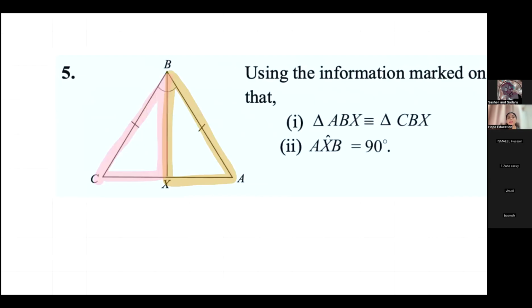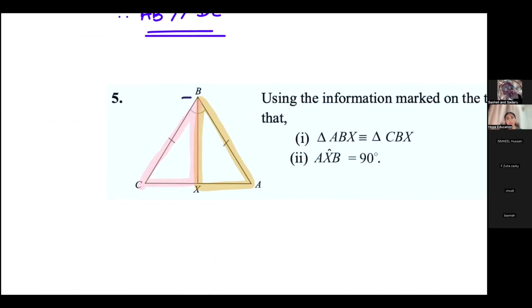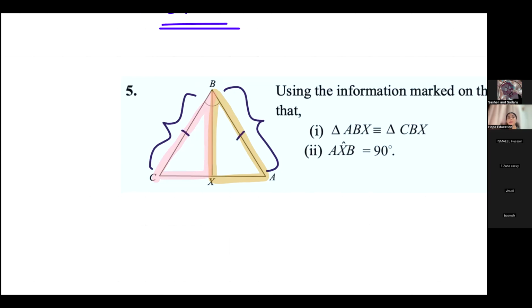Let's see what elements we have which we can say are equal. AB side is equal to BC side. Why do I say that? They are both marked with one line, which means they are equal. So we have one pair of sides which are equal.